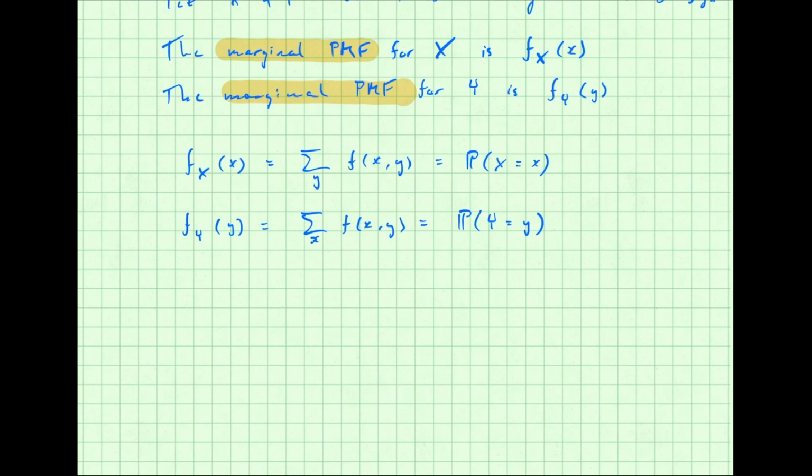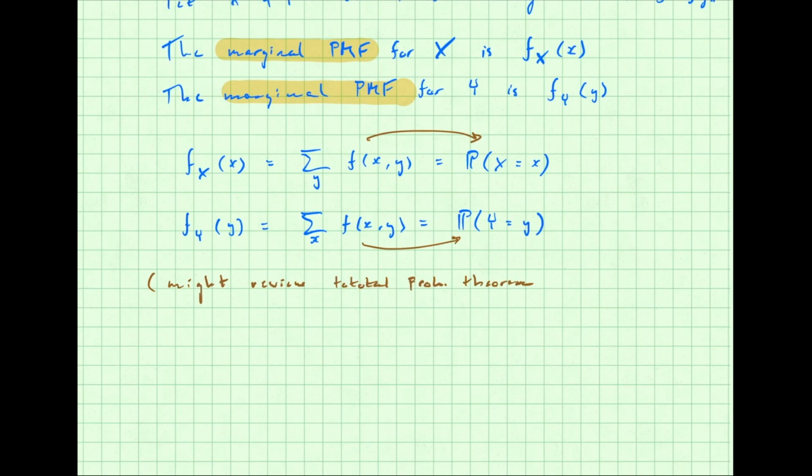You might want to review, if you want to see why this is true, what we call the total probability theorem. I say that because we haven't used it in a while.